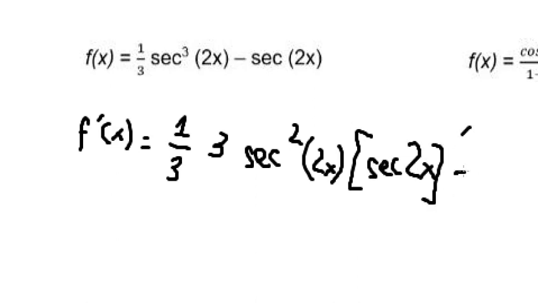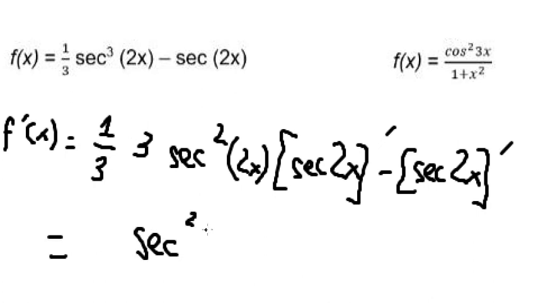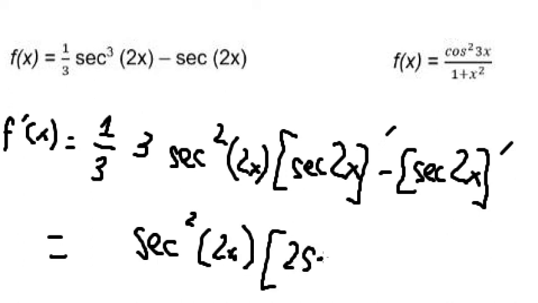And we do first derivative of another secant of 2s. This one we simplify. So this one we have number 2 secant of 2s tan 2s.